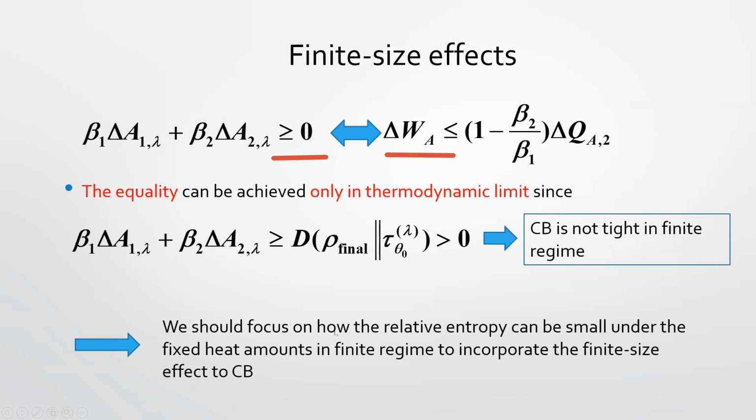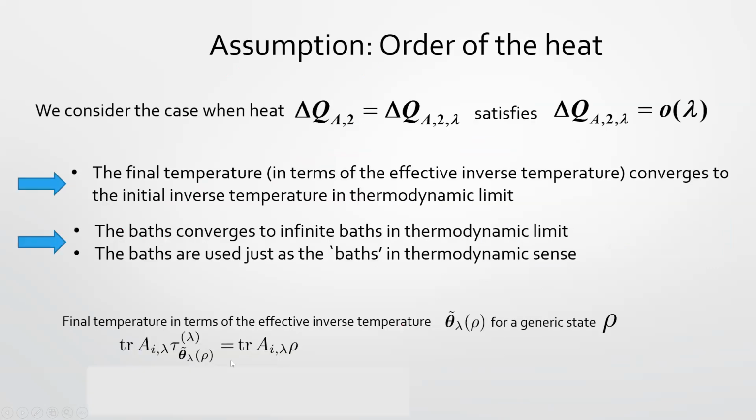So then we should focus on how the relative entropy can be small under the fixed heat amount in the finite regime, to incorporate the finite size effect into the Carnot bound. And maybe we repeat the same thing.